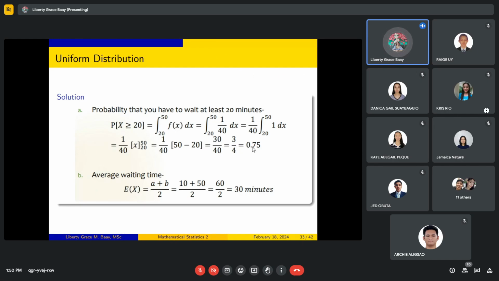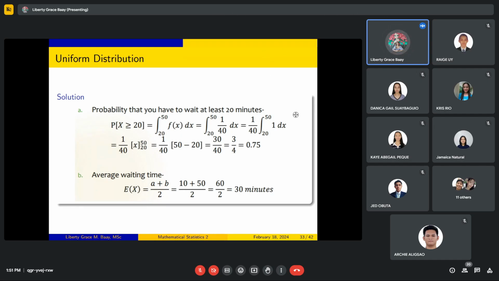So that is equal to 0.75. Okay? So hence, we can say that the probability that you have to wait for at least 20 minutes is 75%. And the next one, so mao na siya class nga naamoy calculus na subject.